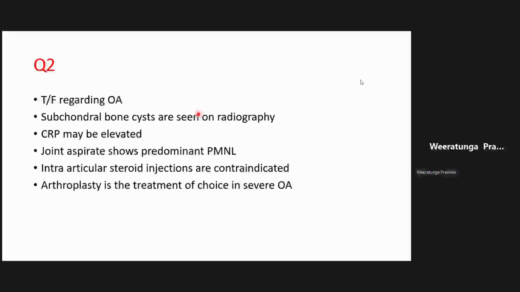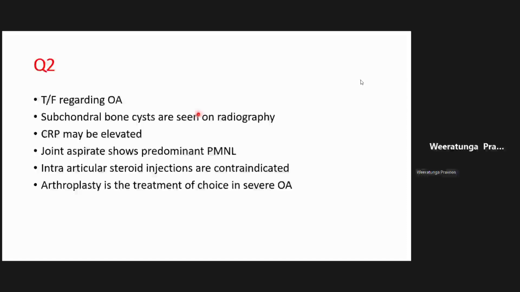The CRP can slightly go up and you can have some neutrophils in the joint fluid. But there won't be a whole lot of neutrophils, or a very high CRP. If there were thousands and thousands of neutrophils, then you would think of septic arthritis.